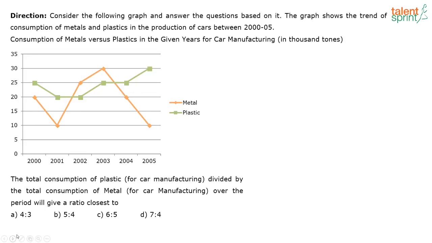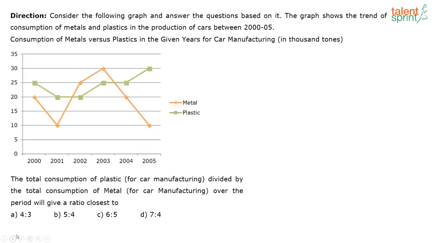What's the answer for this one? You have to find out the total consumption of plastic for the given years and the total consumption of metal and find out their ratio. Just by looking at the graph itself, you can add these values, even do a mental calculation. The yellow one is metal. In the first year, 2000, it is 20, then 10, then 25, then 30, then 20 and then 10.